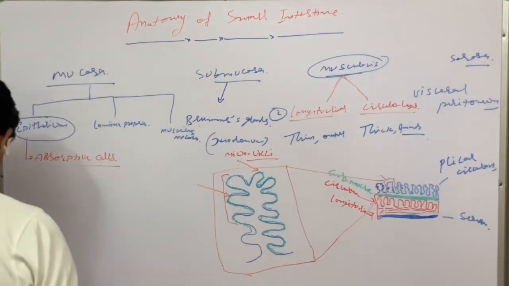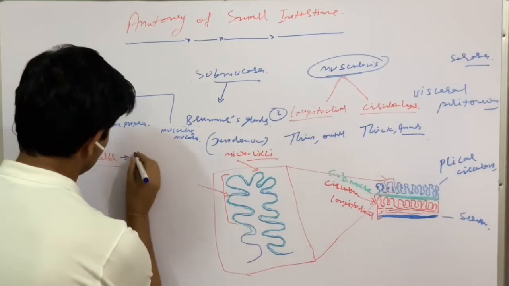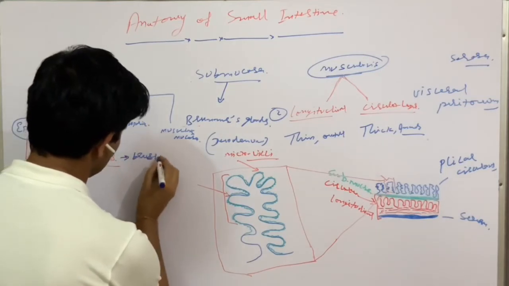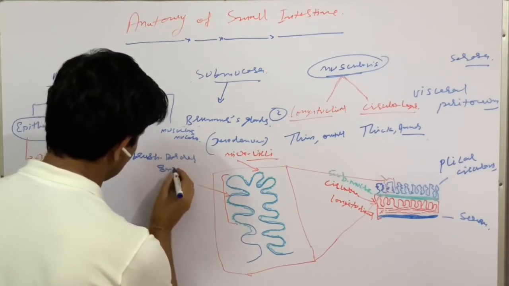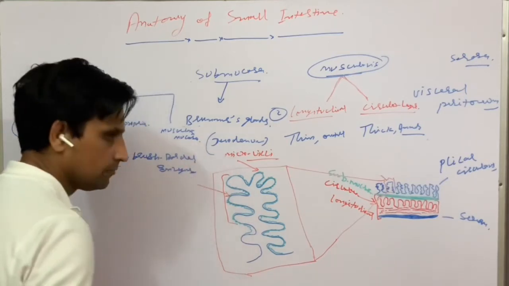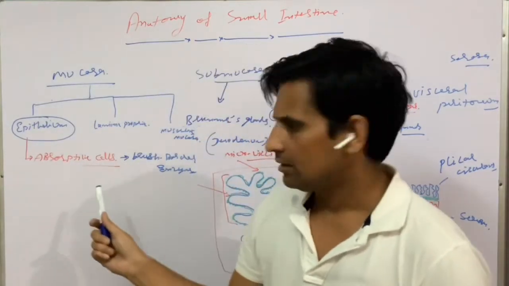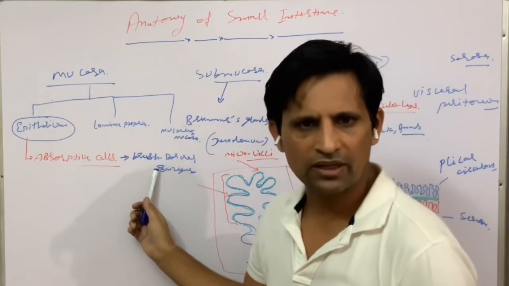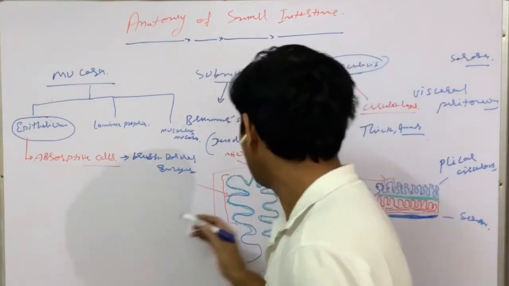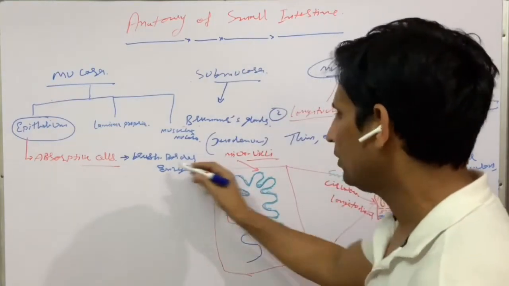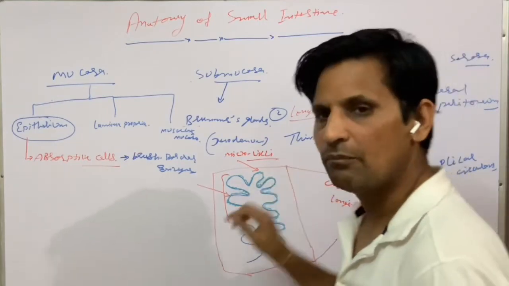So these absorptive cells secrete brush border enzymes, and it inserts these brush border enzymes into the plasma membrane of the microvilli.